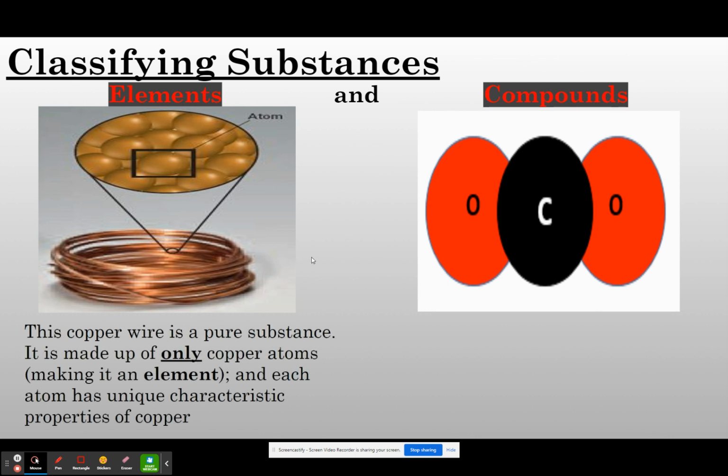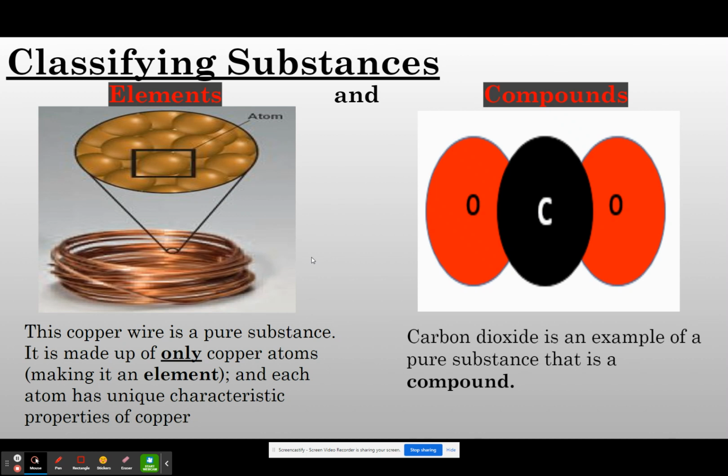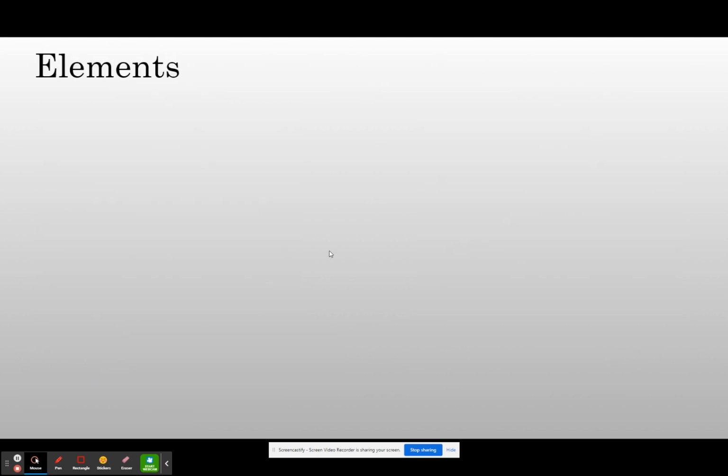An element is one element on the periodic table. So copper atoms, that copper wire is only made of copper atoms. Compounds have a definite composition, so they're the same throughout. Carbon dioxide is an example of a compound, also called a molecule here.